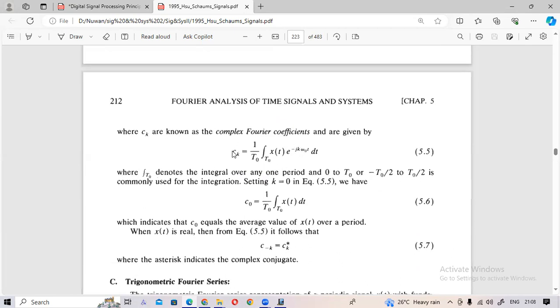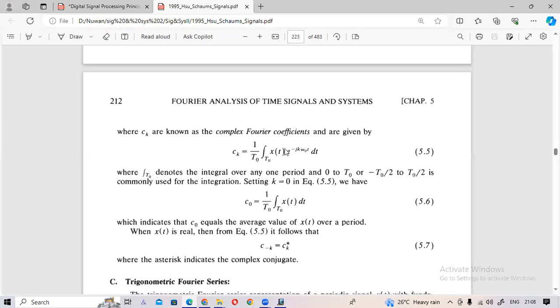You can also find the Fourier coefficients CK using this integration.